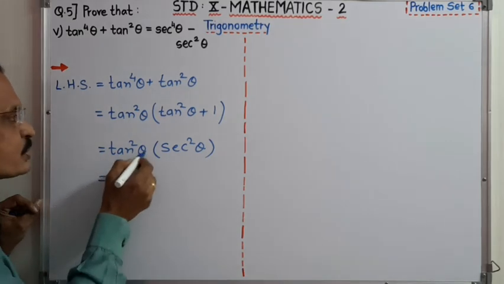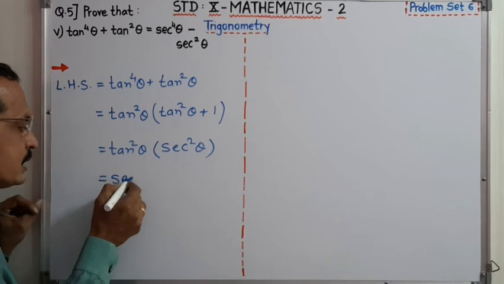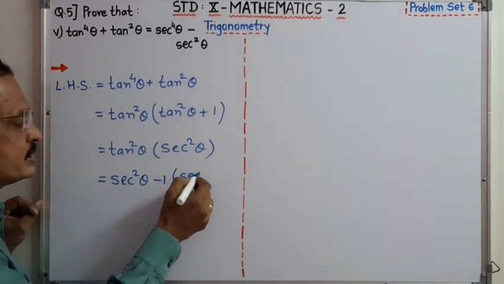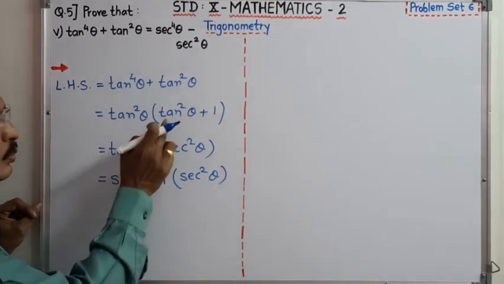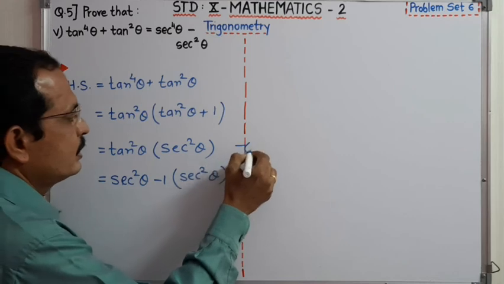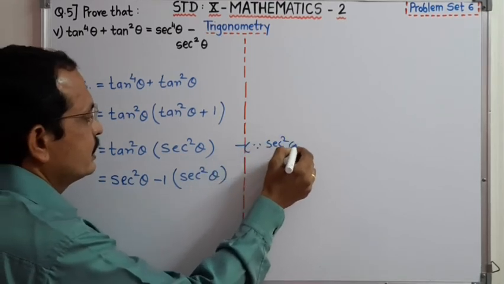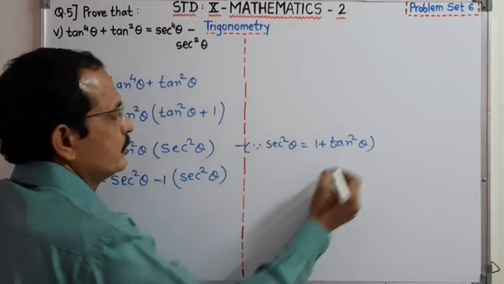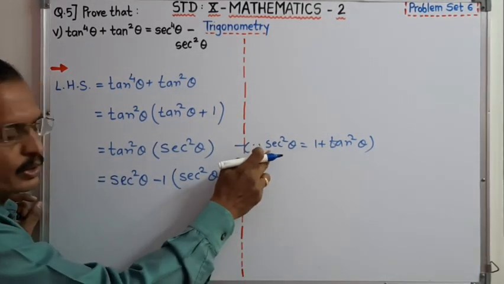Now instead of tan square theta we can write here sec square theta minus 1 into this sec square theta as it is. See here, sec square theta is equal to 1 plus tan square theta. Got it? Tan square theta plus 1 is equal to sec square theta.